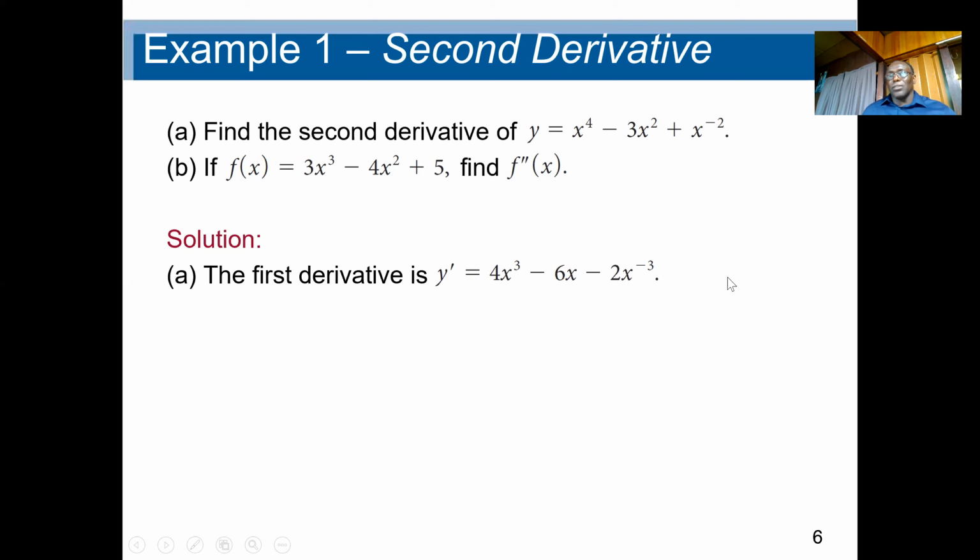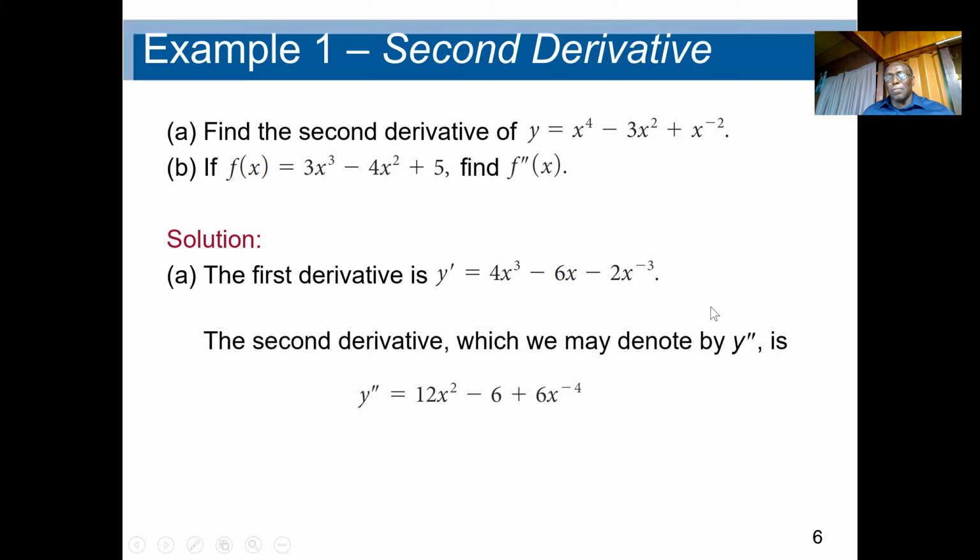We know how to find this. Now, the question says find the second derivative. So we need to find the derivative of the first derivative. So 4s cubed will give me 12s squared. 6s will give me 6. Then we have minus 3 times minus 2, so that will give me plus 6.